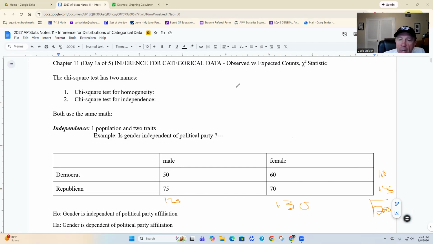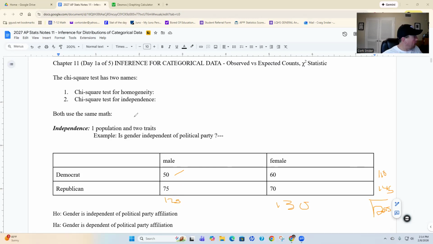How you get the expected values, the general term is: take the row total times the column total divided by the table total. For this one, the expected will be 125, the total here, times 110 divided by 255.